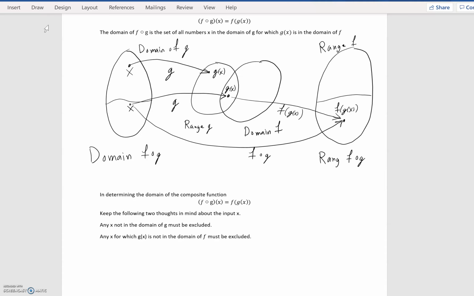In determining the domain of a composition of functions, you need to exclude any values of x that are not in the domain of the innermost function. So in this here, f evaluated at g of x, the innermost function is g of x.